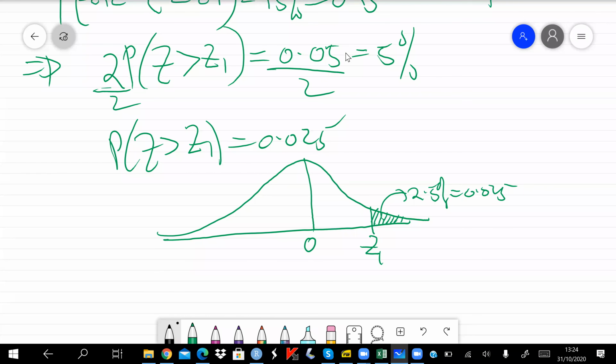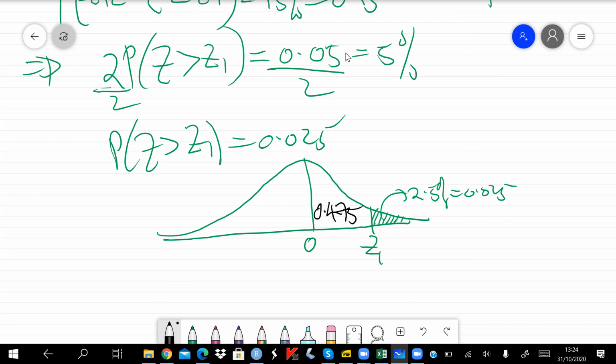And if I know that area is 0.025, I know the remaining area from 0 to Z1 is 0.5 minus 0.025, which is 0.475.